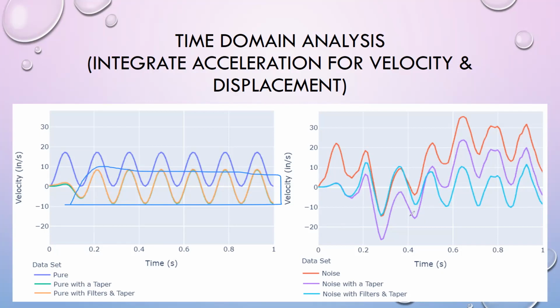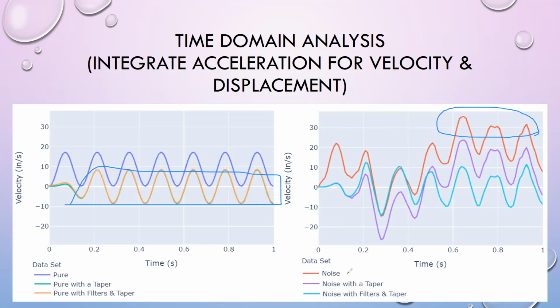But when we have noise, the red one is the original signal whose integral we directly calculate. You can see we have a lot of errors, especially here, where we achieved about 30 inch per second, but the real value is less than 10.